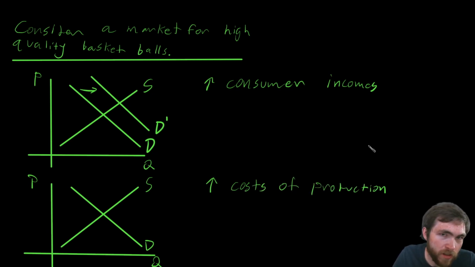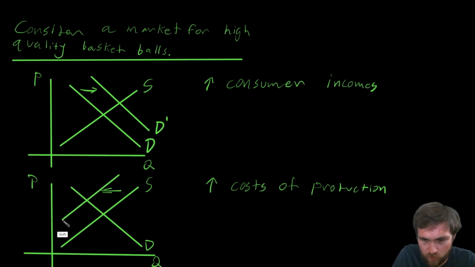Think about which curve that's going to hit. So it's production, so it's probably going to be the supply curve, right? And if the costs are increasing, that means it's more costly for producers to bring each individual unit for sale. So the supply is going to contract, so it's going to move towards the origin, giving us S prime here.